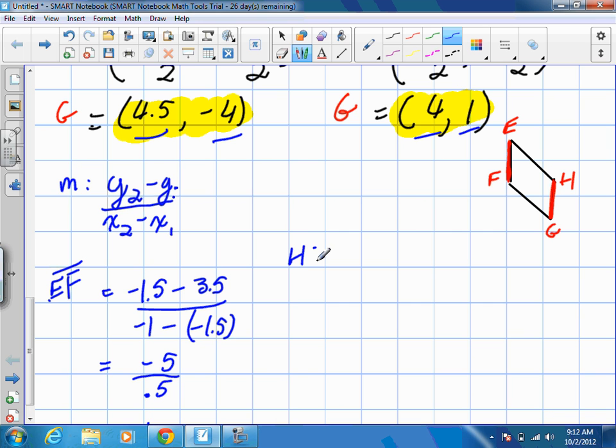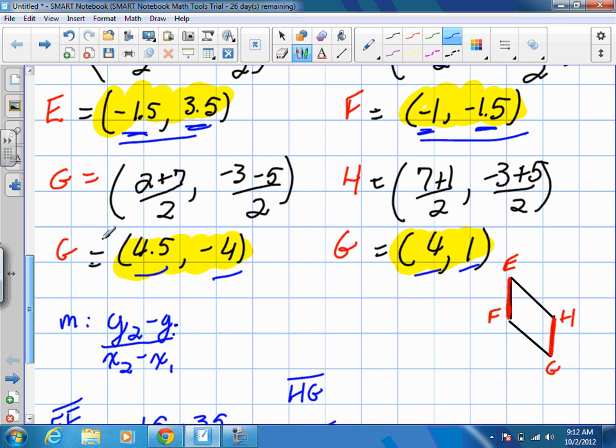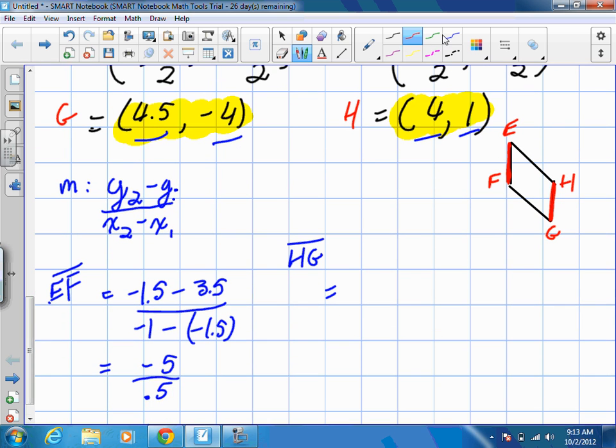Wait a second, that should be an H. Let's make that clear. Okay, HG. Let's take those values. Our y2 is this value here, which is 1, subtract negative 4. And then we take our x2, which is 4, and subtract positive 4.5.